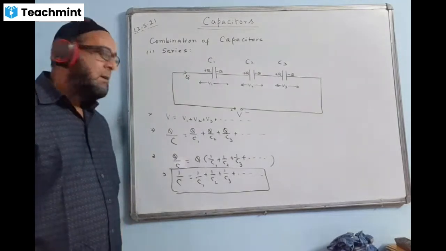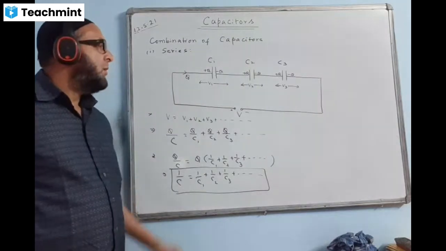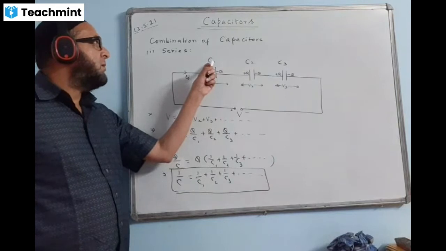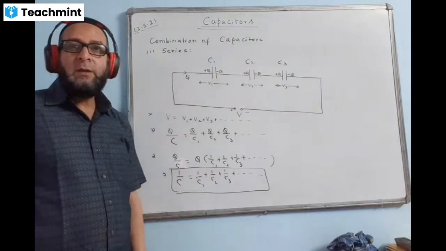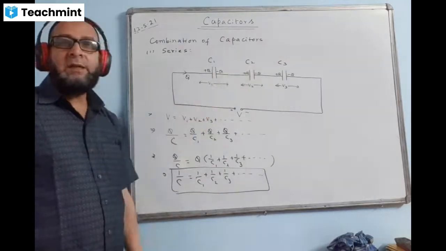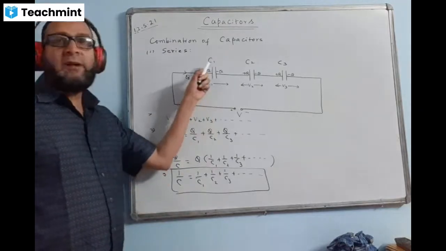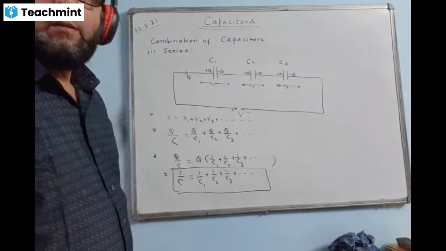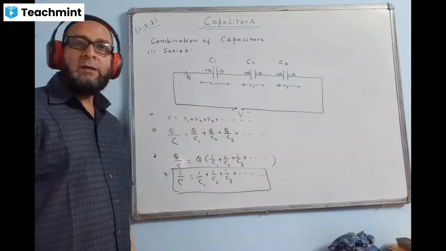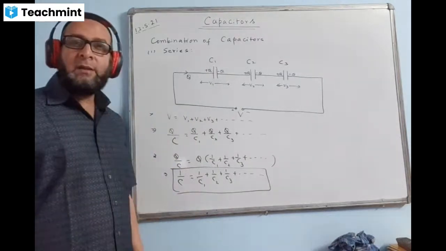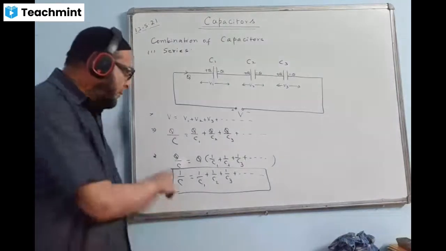Okay. Now let me tell you what is the meaning of this. Less than the least means what? Suppose there are three capacitors, having 1 microfarad, 2 microfarad, and 3 microfarad capacitance. One has the least value, 1 microfarad. Your answer will come even less than that value when you put all of them in series using this formula.